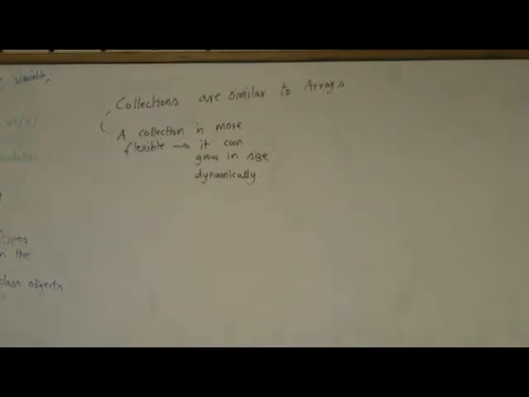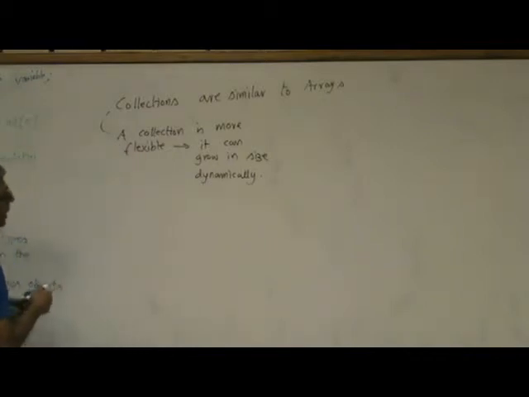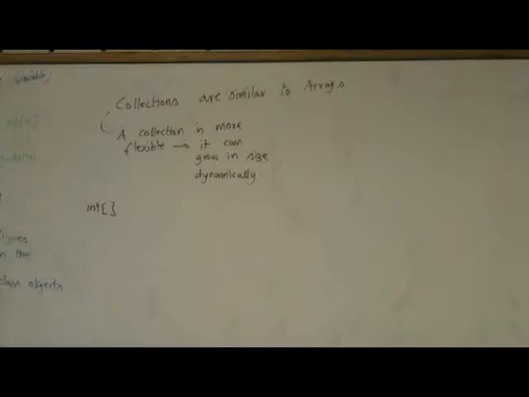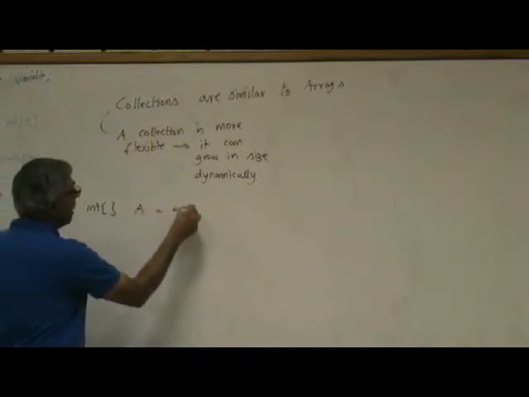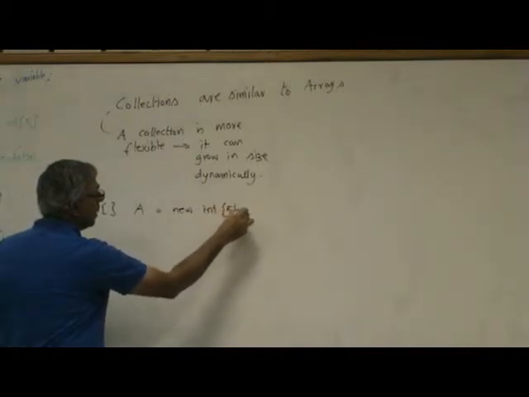To give you an example so that you can see the flexibility, suppose we created an array of 5 integers, right? So what will our code look like? Int followed by empty square brackets means we'll be creating an array, followed by the name of the array. Let's say it's capital A, and we want 5 memory locations, new int of 5.